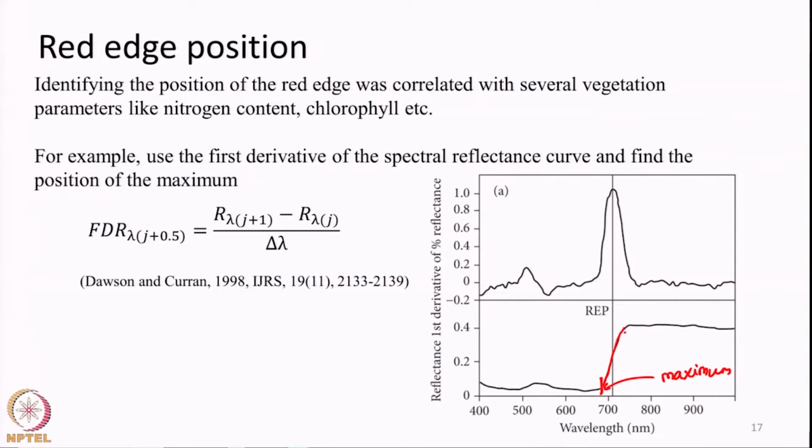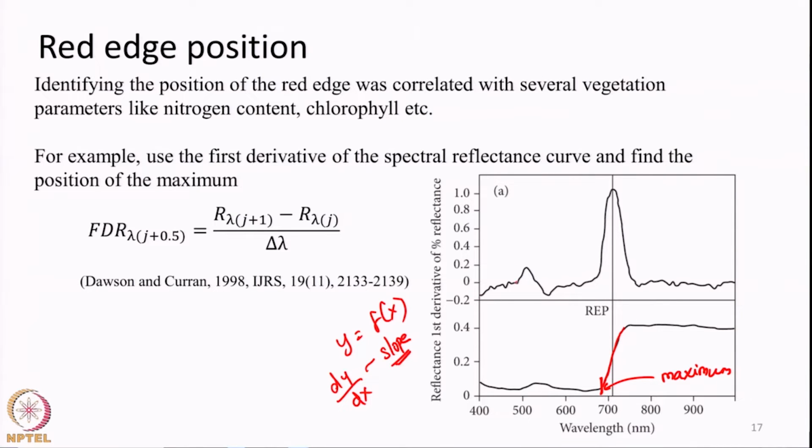So, how do we calculate the slope of the curve? In mathematics, we use the first derivative of a function. Say if y is equal to f of x, then the first derivative dy by dx will tell us about the slope of the curve. A similar concept applies here.